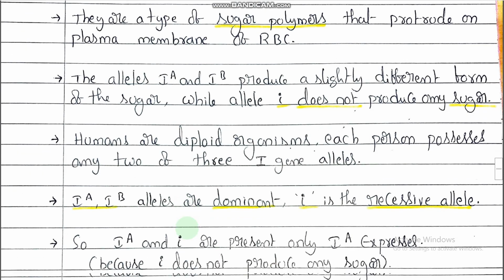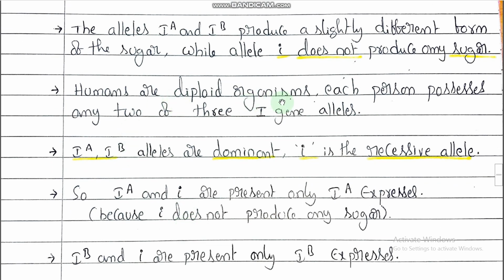Okay. Humans are diploid organisms. Each person possesses any 2 of the 3 I gene alleles. Multiple alleles means that out of the 3 alleles, only any 2 are present in the human body.